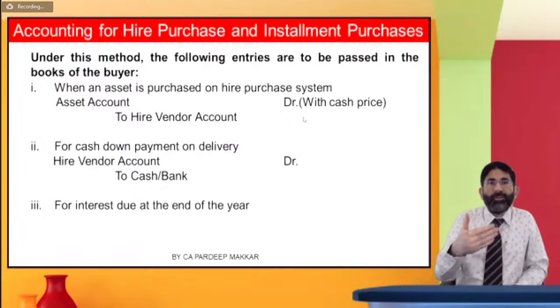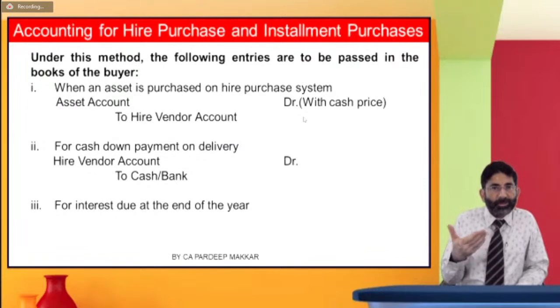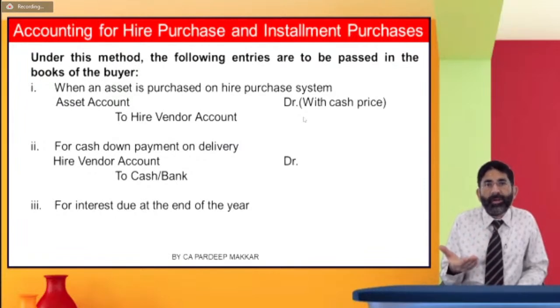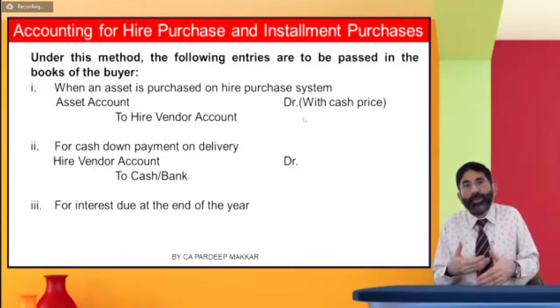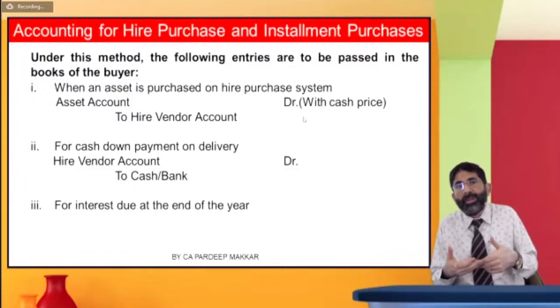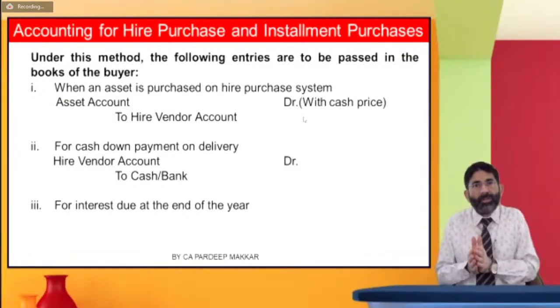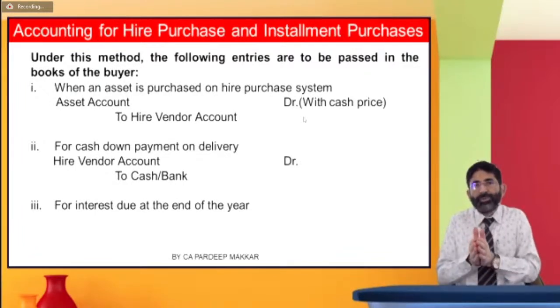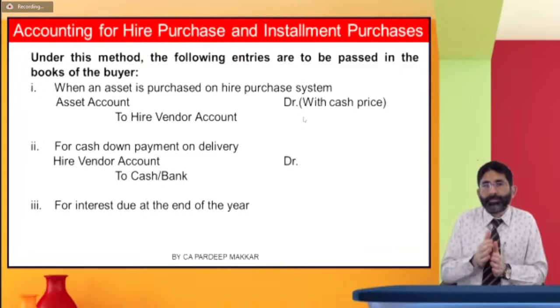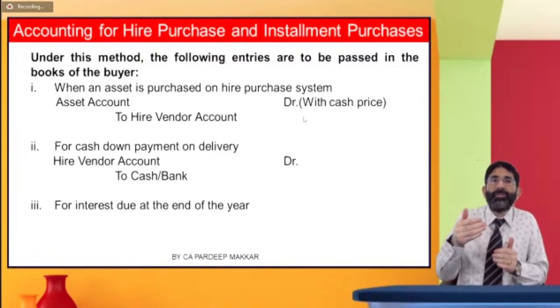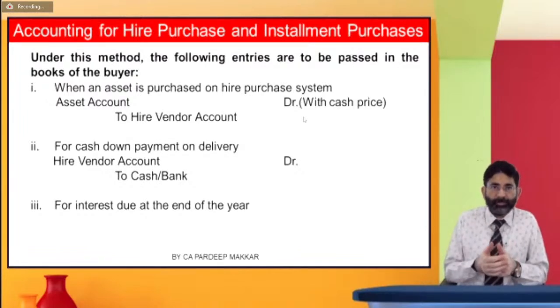Now, whenever an installment is to be paid, obviously interest will also be entered in that case, because interest will become due, as the installment will be paid after adding interest. Interest will become due if payment is made in installments. The installment may be annual, half yearly, or monthly.